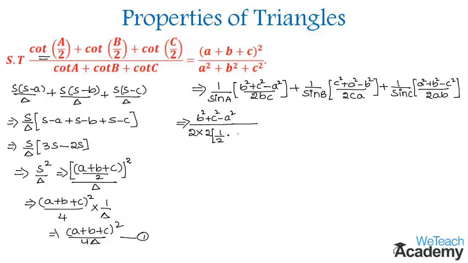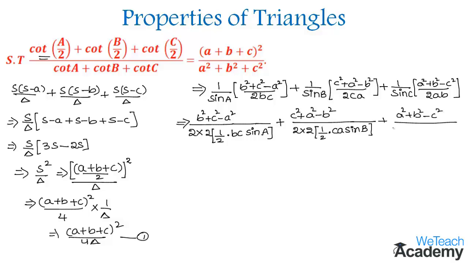So here we get 2 into 2 into 1 by 2 into bc sine A. And similarly, here all the values will become c square plus a square minus b square divided by 2 into 2 into 1 by 2 into ca sine B, plus a square plus b square minus c square divided by 2 into 2 into 1 by 2 into ab sine C. So here this is the formula to find the area of a triangle, which is represented by delta.